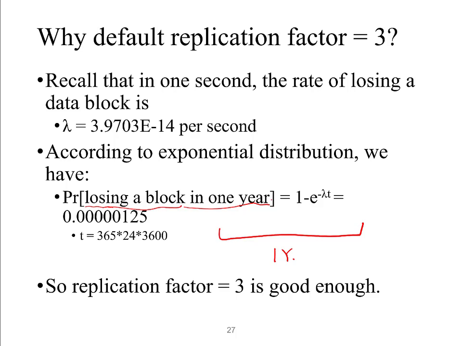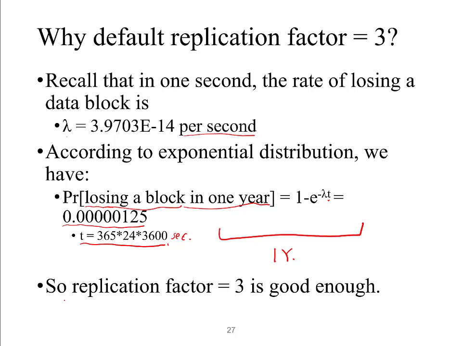If we compute the PDF, where lambda is this lambda and t is 1 year, t must be in seconds because lambda is per second. Now we have the probability here, and this is a really small number. So that shows that a replication factor of 3 is good enough.